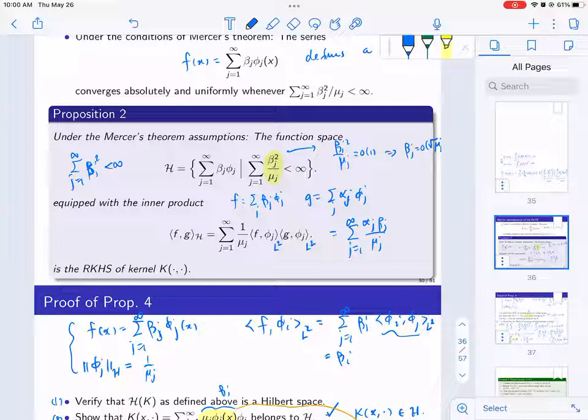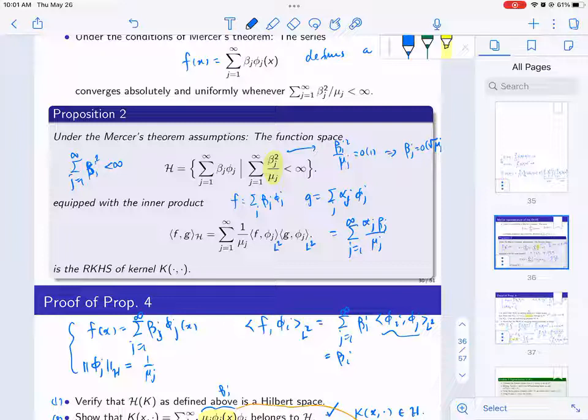If you fix the L2 norm to be 1, compared to a generic function in L2, most of the energy is concentrated near the top eigenfunctions of the kernel. So there's not much you can put on the tails. This is an interesting observation, which might be a little bit subtle, but that's what these RKHSs are.